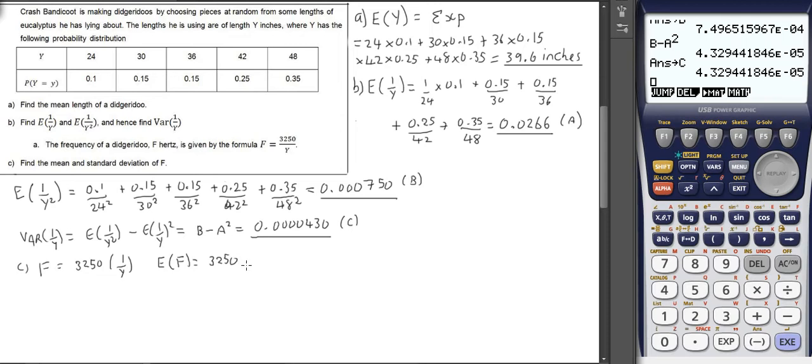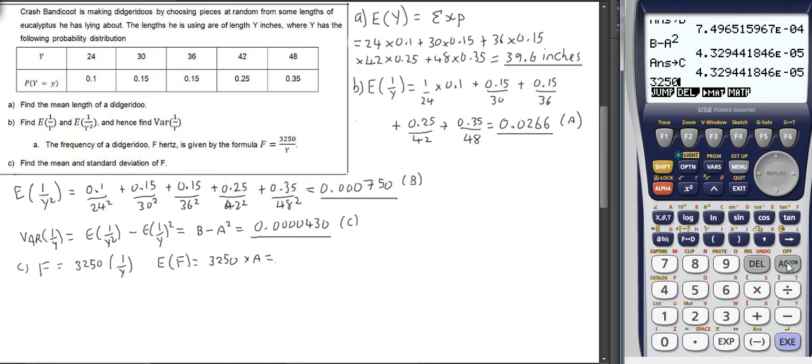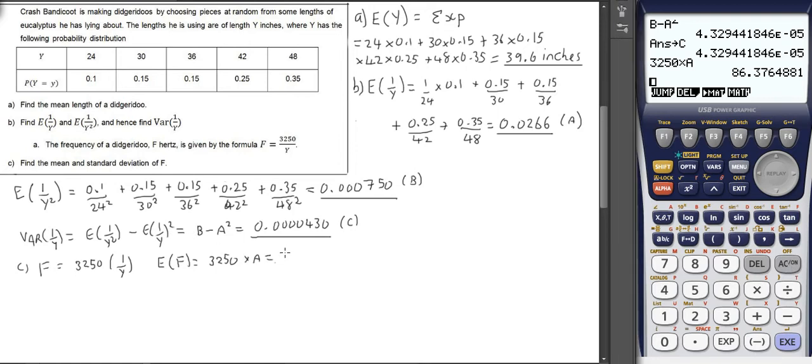So 3,250 times our value for A. Back to the calculator. 3,250 times A, and we get 86.37, so 3 sig figs again, 86.4 hertz, I think, are the units for frequency they've given us.